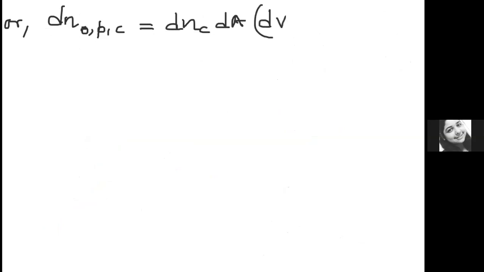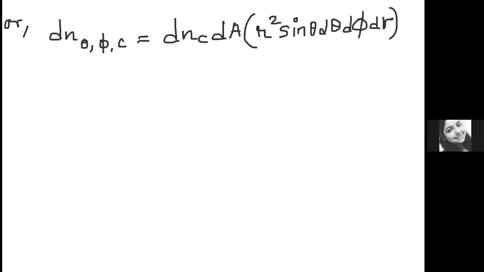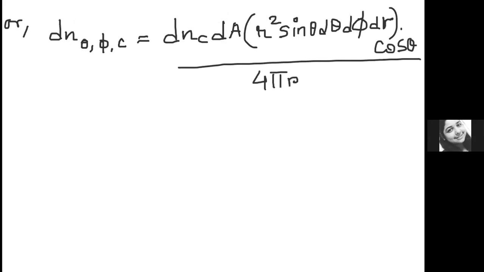So dV is r square sine theta d theta d phi and dr, into cos theta, this entire thing by 4 pi r square.